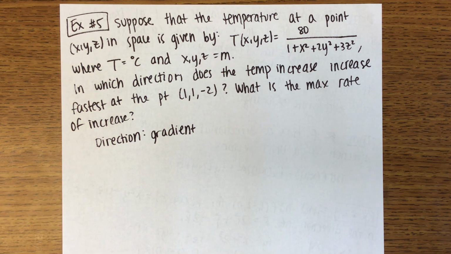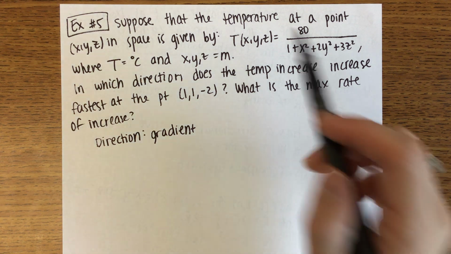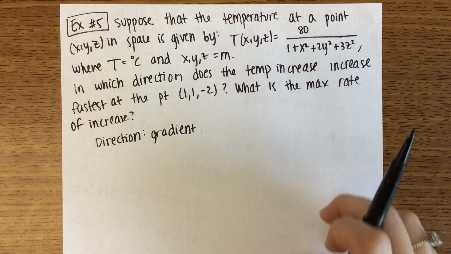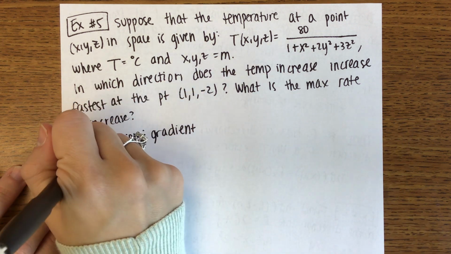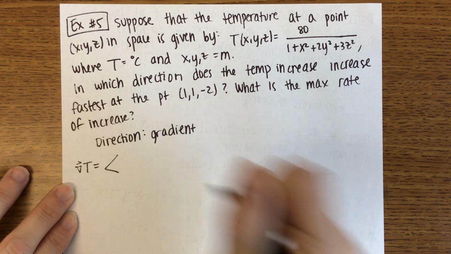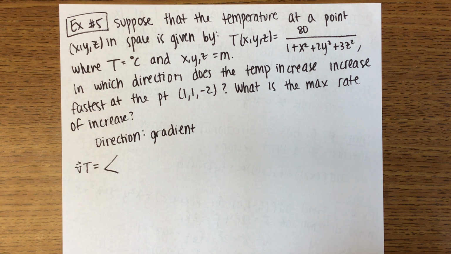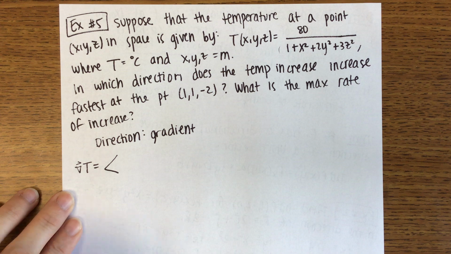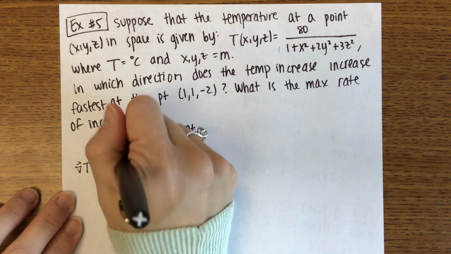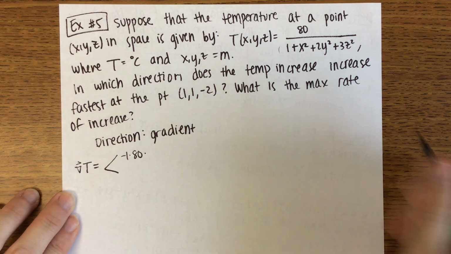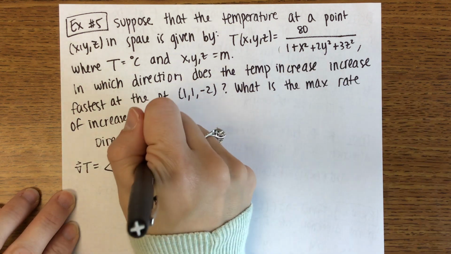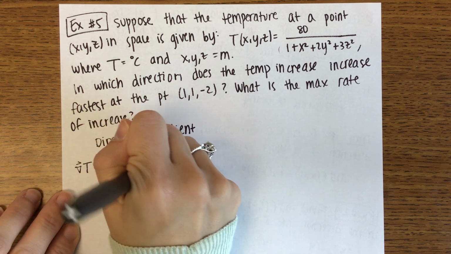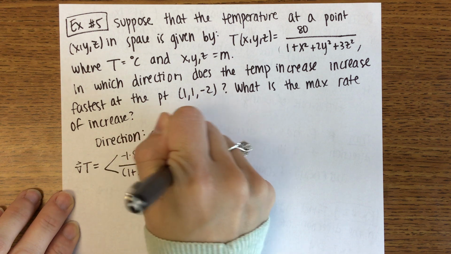So our gradient in this case, we're taking the partial with respect to x, y, and z of T. If you picture that entire denominator to the negative first power, you'll bring down that -1, so you'll have -1 times 80 times the derivative of the denominator with respect to x, which will be 2x, over that 1 plus x squared plus 2y squared plus 3z squared, the entire quantity squared.